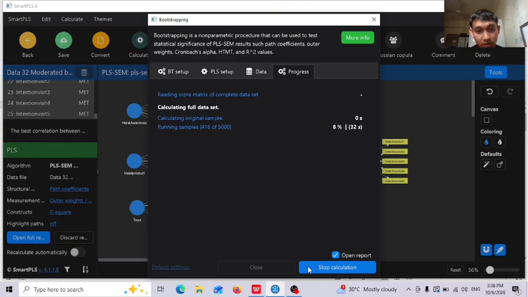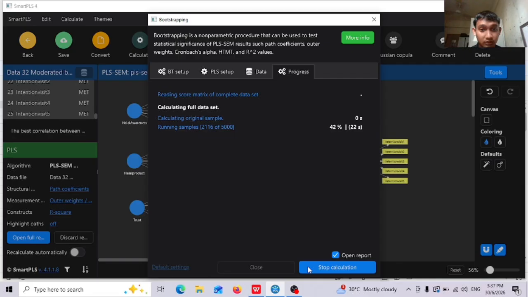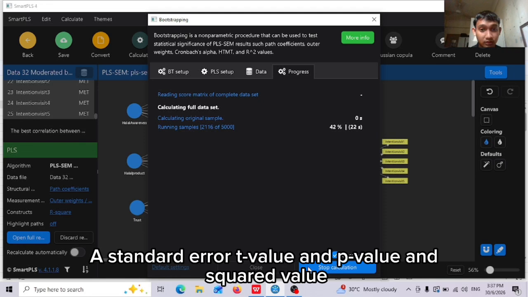It's quite long because my laptop is lagging. This bootstrapping provides the coefficients, standard error, t value and p value.